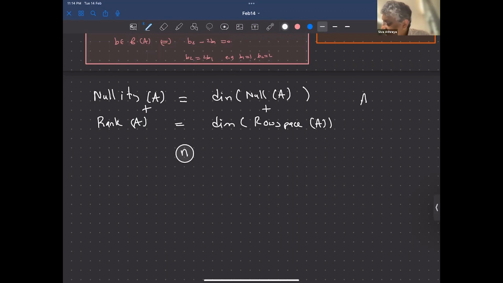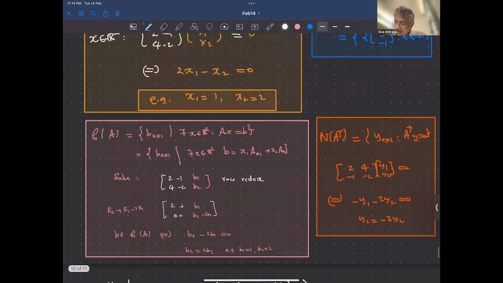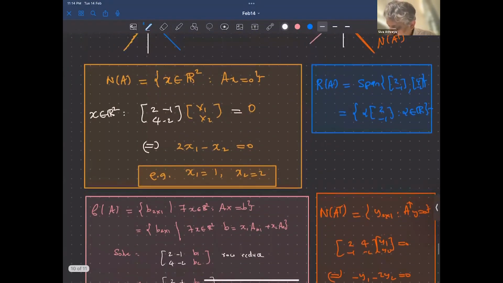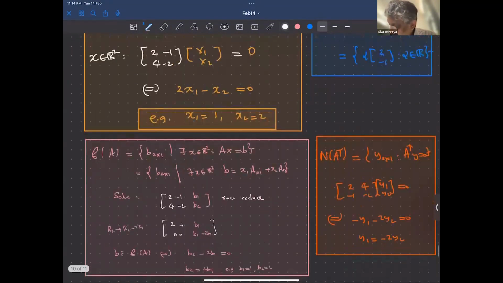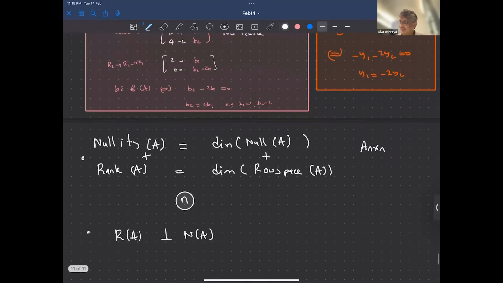That's the rank-nullity theorem, which you can see from this graph. You can also show many things. You can also see that the row space of A is always orthogonal to the null space of A. And you can see that quite coolly from this graph that I've done here.